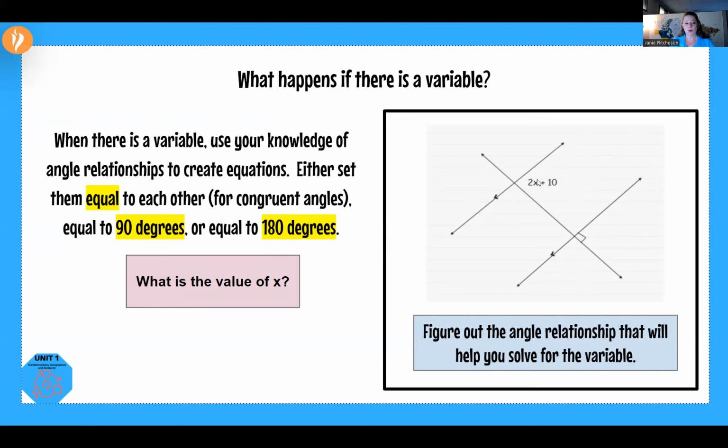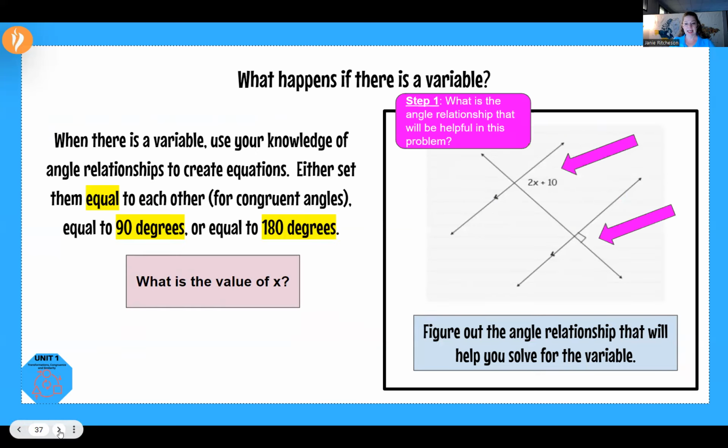Corresponding angles are congruent, which means since this is 90 degrees, we would set 2x plus 10 equal to 90 degrees. And then we would solve for x. You solved equations in 7th grade quite a bit, so you know how to solve two-step equations.